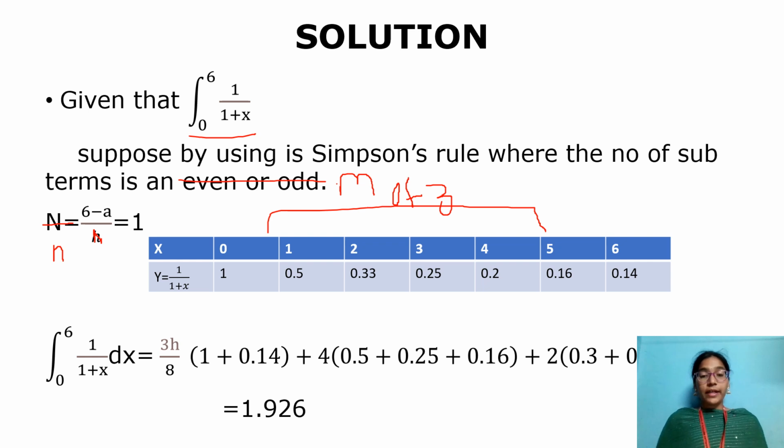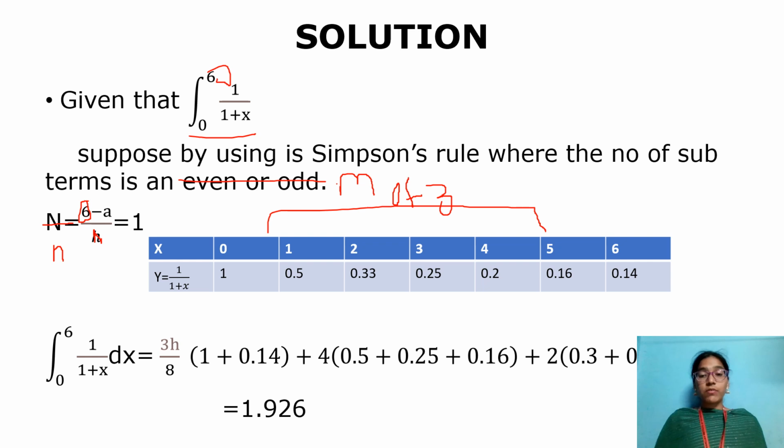We have to tabulate the readings. This is x and this is the function y equals f(x) equals 1 by 1 plus x. The subintervals are 0, 1, 2, 3, 4, 5, 6. The integral upper limit is 6 and the number of subintervals is also 6.